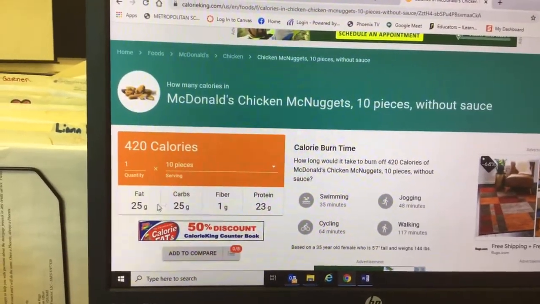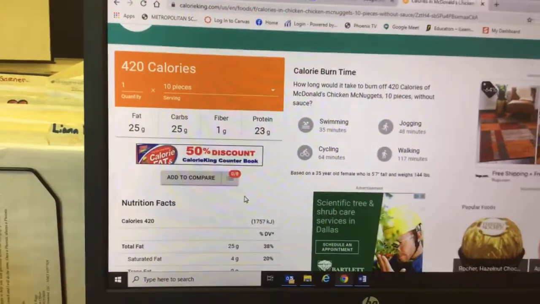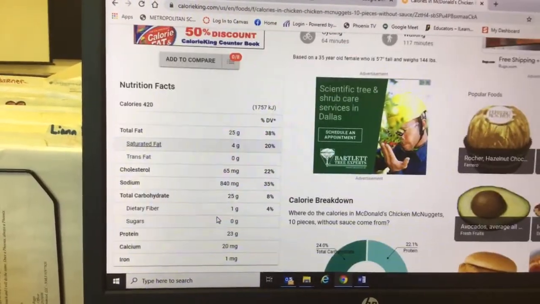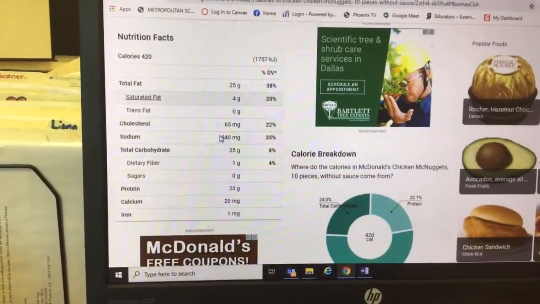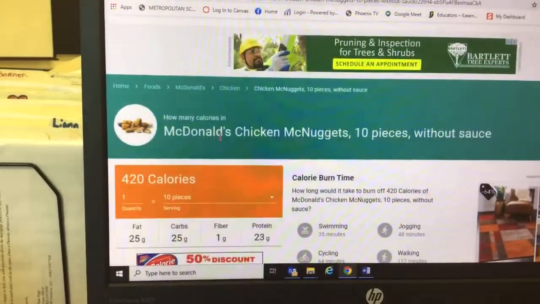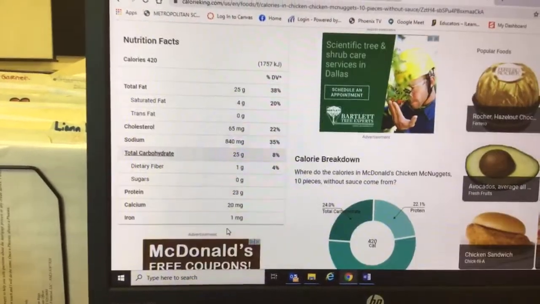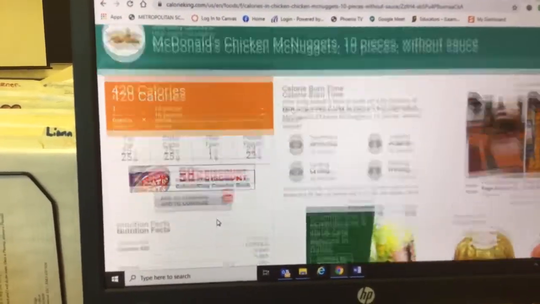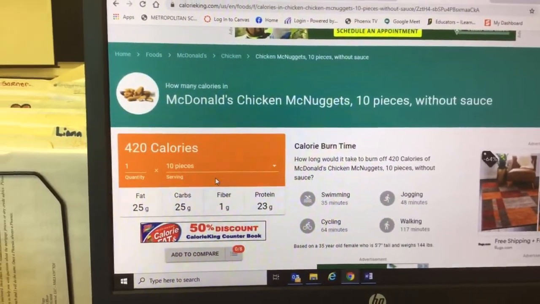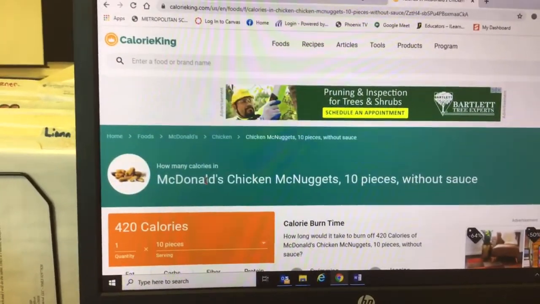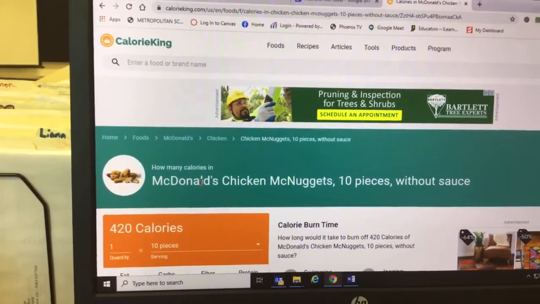So it tells you the amount of calories up here, and then your nutrient label is right here. So if there is something that you're super curious about, you can type it into Calorie King to come up with your label. Calorie King is a great place to check out certain foods and see how they stack up. So that is another option if you don't have a nutrient label at home.